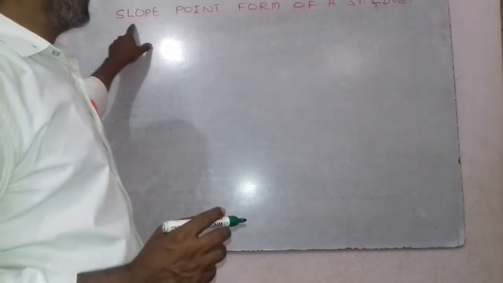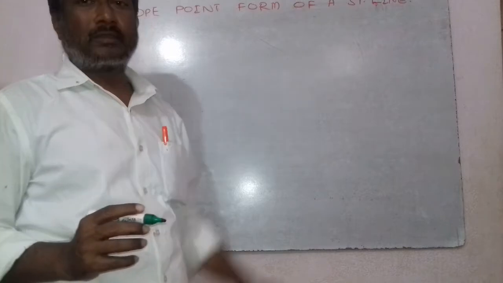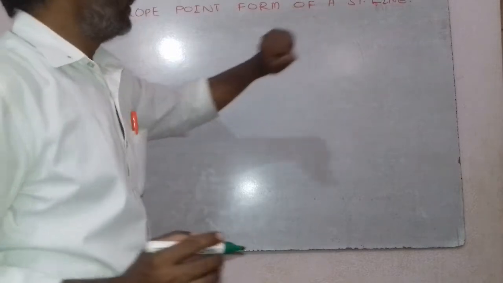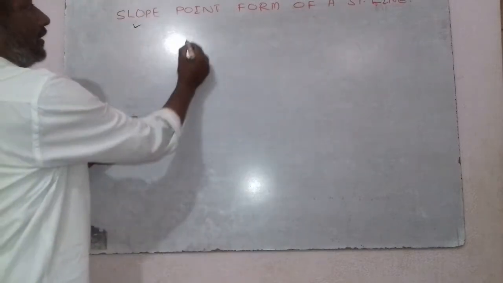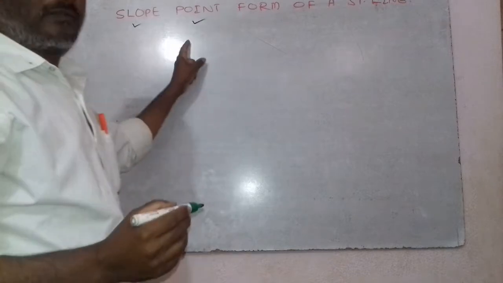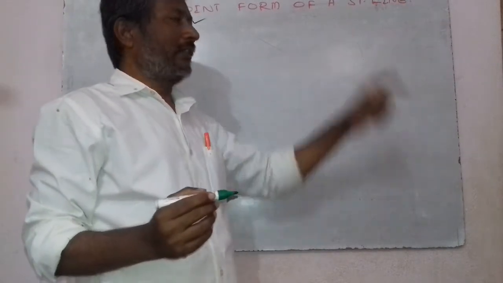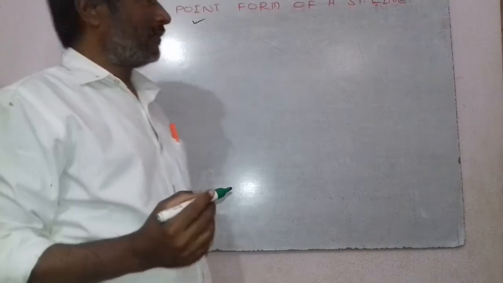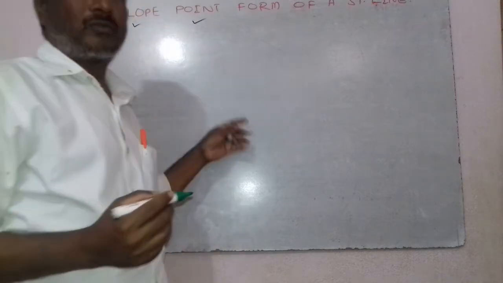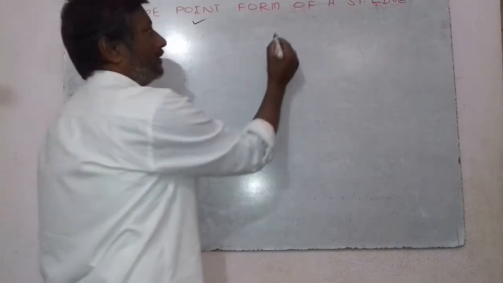So today we are going to discuss the slope point form of a straight line. Slope is given, point is given. If the slope and a point of a straight line are given, then to find the equation of the straight line, we have to derive this expression.